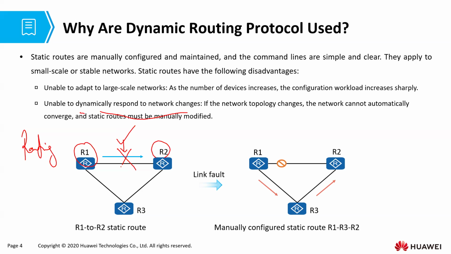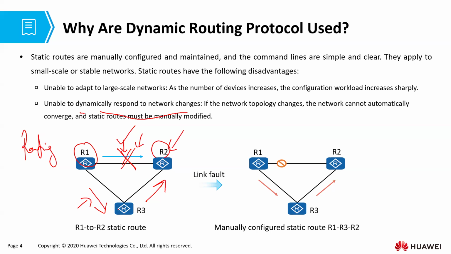So when that link fails, even if there is another path to reach R2, which is this one, it will probably not be installed in the routing table if we have manually configured this one. Unless you had a floating route, which means you had two routes configured. Unless you had that, you probably would never be able to access networks on R2.